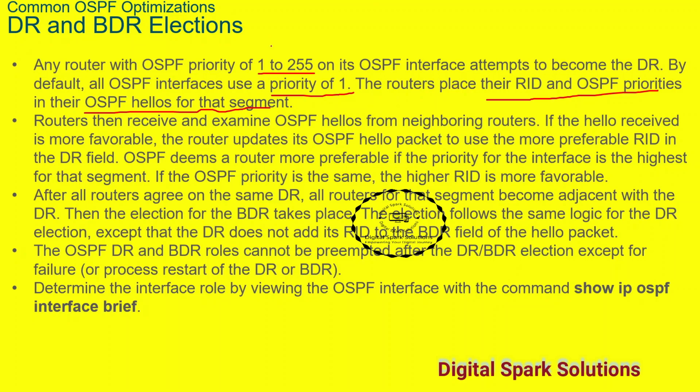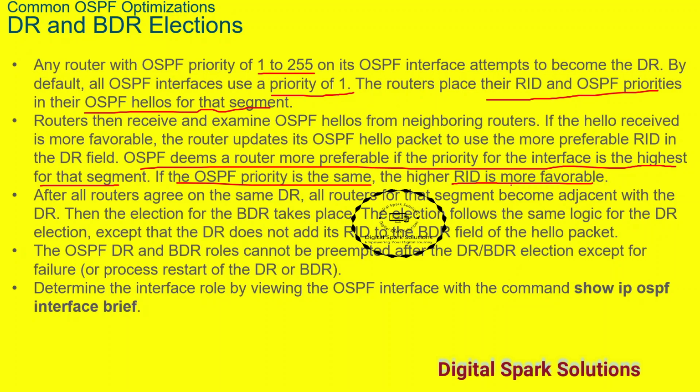OSPF deems a router more preferable if the priority for the interface is the highest for that segment. If the OSPF priority is the same, the higher router ID is more favorable. And as the best practice in live networks, we use static router IDs.